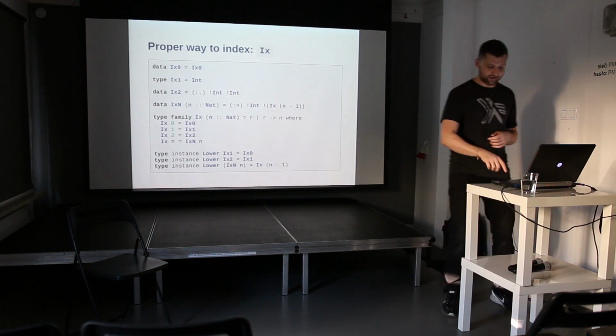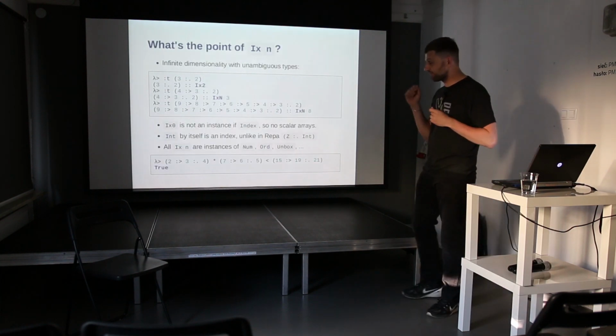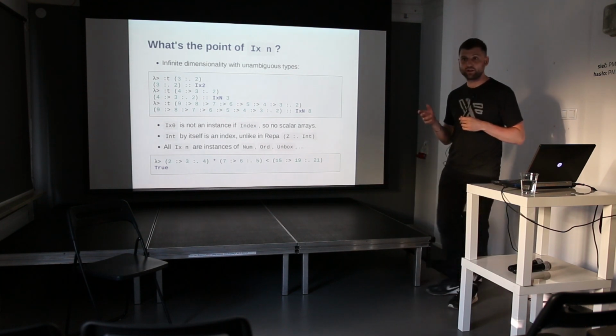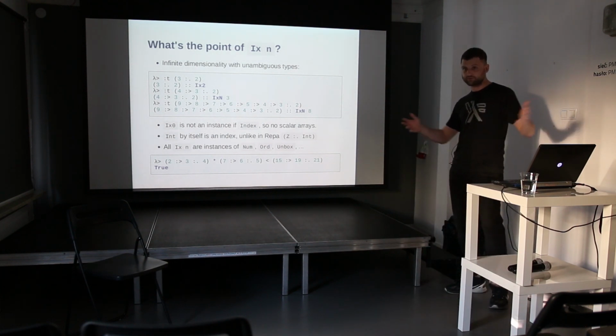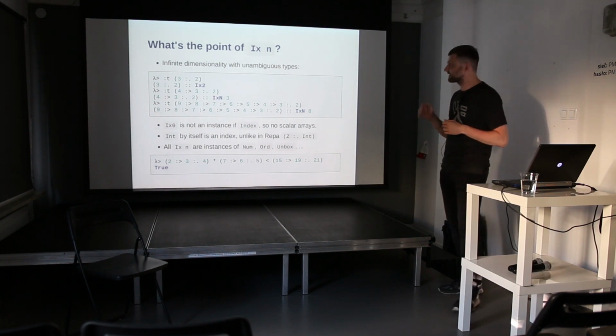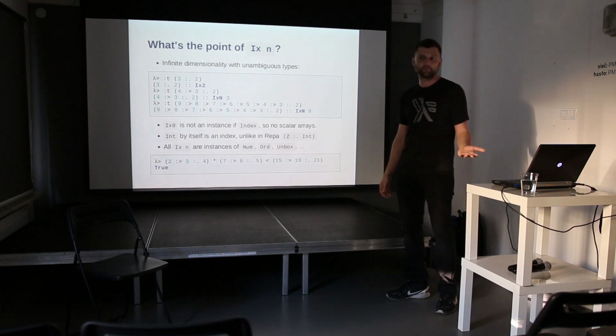Okay. And here is what it allows us to do. And the best part about it is it's unambiguous. Whenever you use tuples, 5-tuples of whatever, those are ambiguous. With this, you lose that. The only ambiguous index is an int.